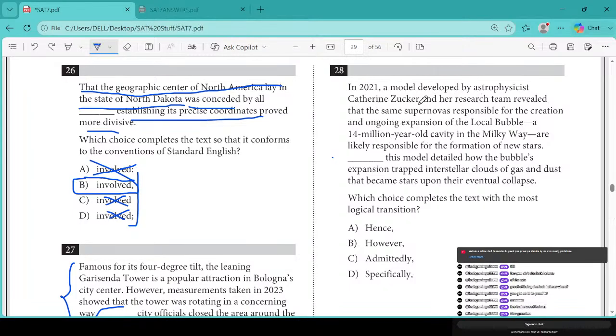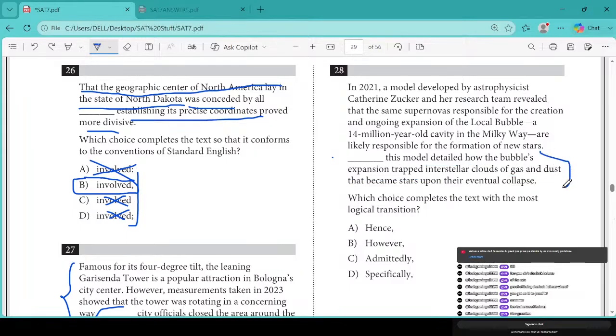So the model revealed that supernovas that created the local bubble are also responsible for new stars. The model details how the bubble's expansion trapped interstellar gas and dust that became stars.